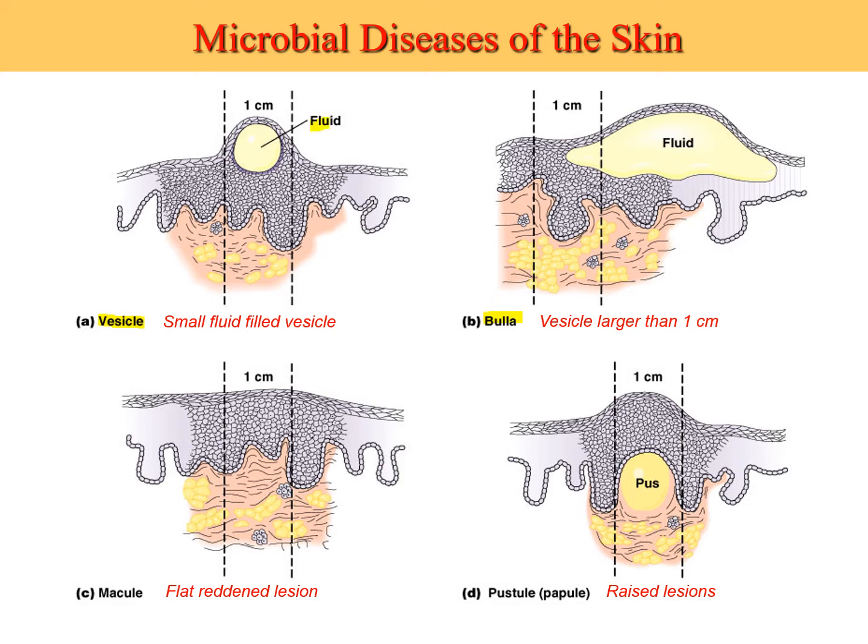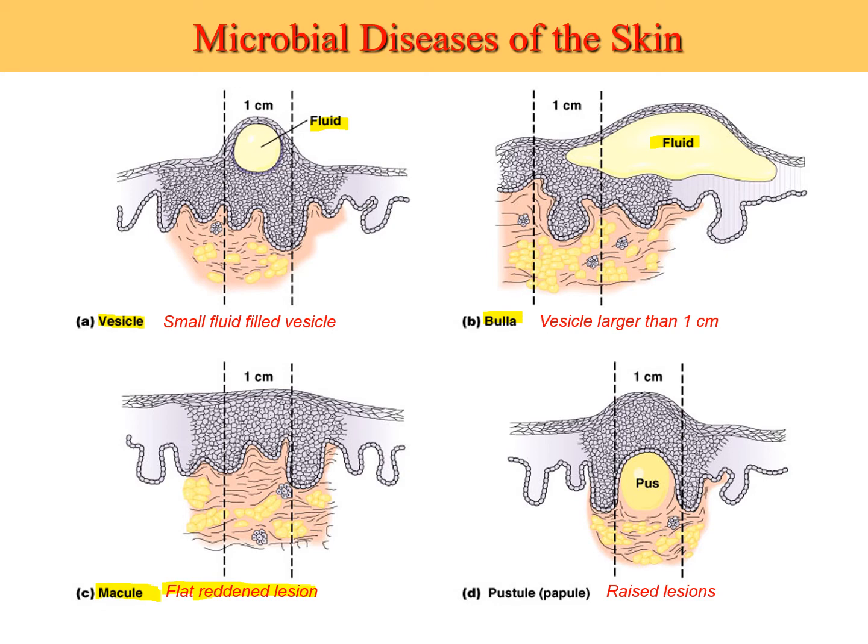These are both fluid-filled spaces or vacuoles in the skin. If it's flat, not filled with any fluid or any accumulation of white blood cells, then it's called a macule. So you can have a macular rash. It's a flat reddened lesion.